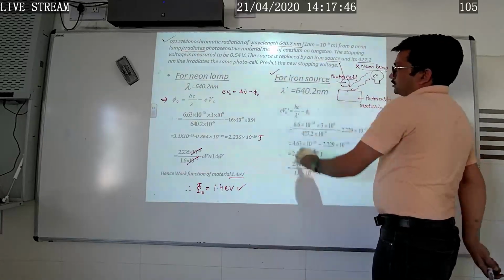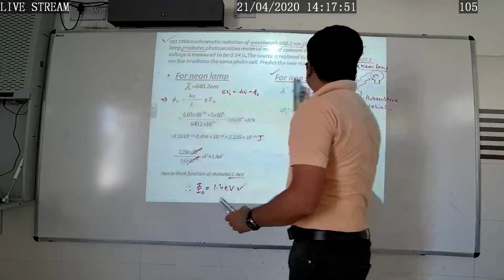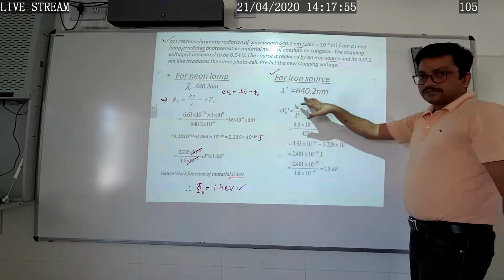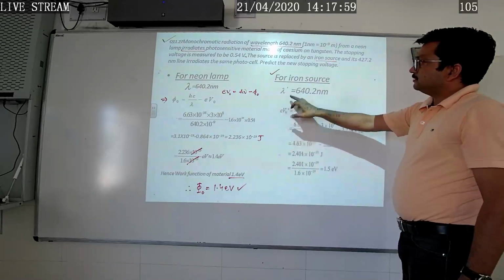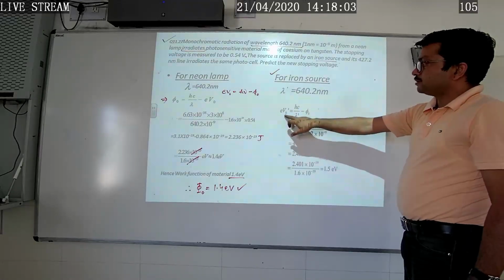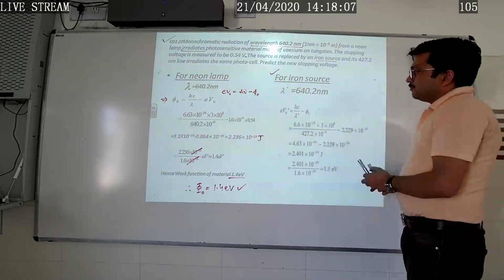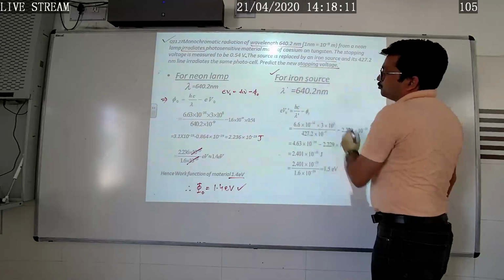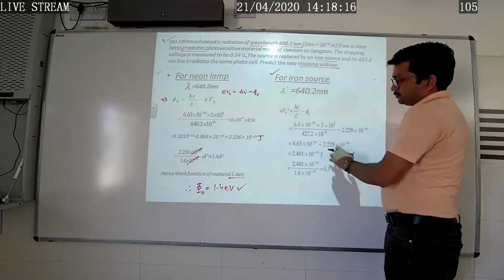Further, if the iron source is placed there, what would happen? The wavelength is given to us, and according to Einstein's photoelectric equation, again the same thing: eV naught dash equals hc by lambda dash minus phi naught. What is this V naught dash? This is the new stopping potential we want to predict, and lambda dash is the wavelength of this iron source.